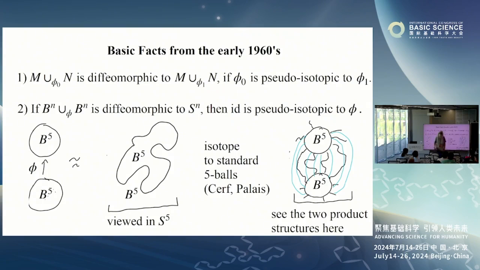Anyway, this shows how to see this phi is pseudo-isotopic to the identity. Okay, so this is a basic fact.